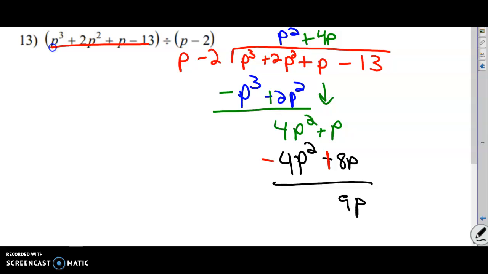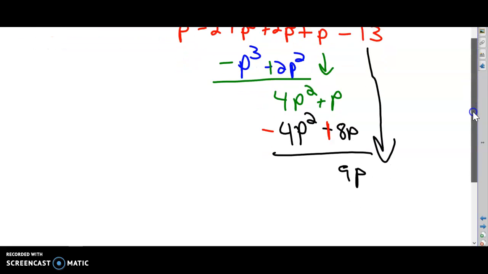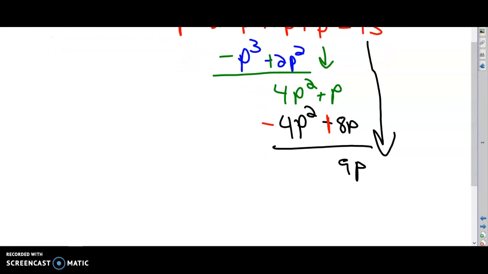We once again need to carry down our minus 13. So we've got our minus 13 going on here. Let's see, bring this down a little bit.